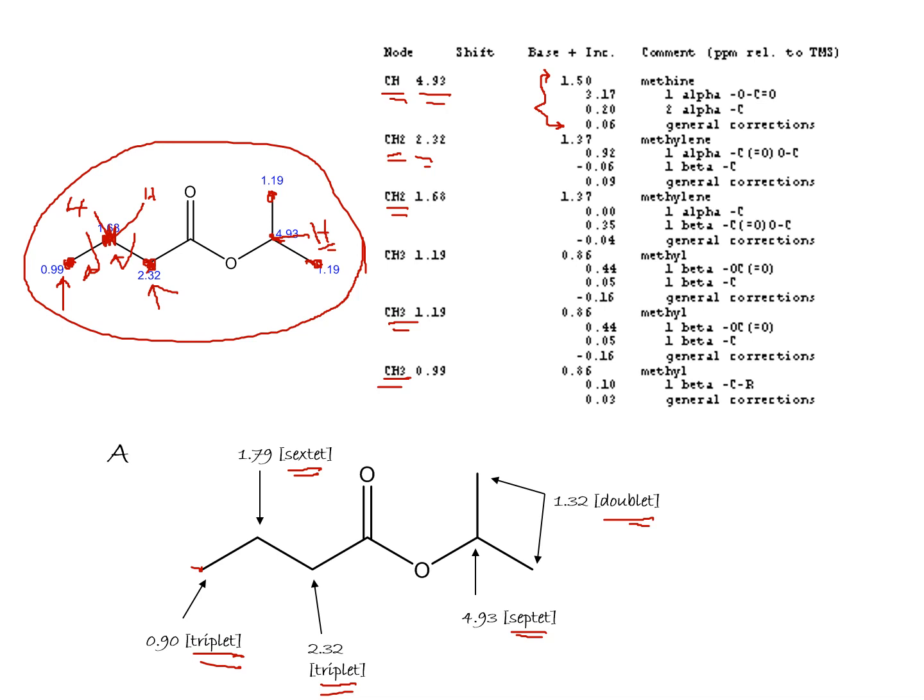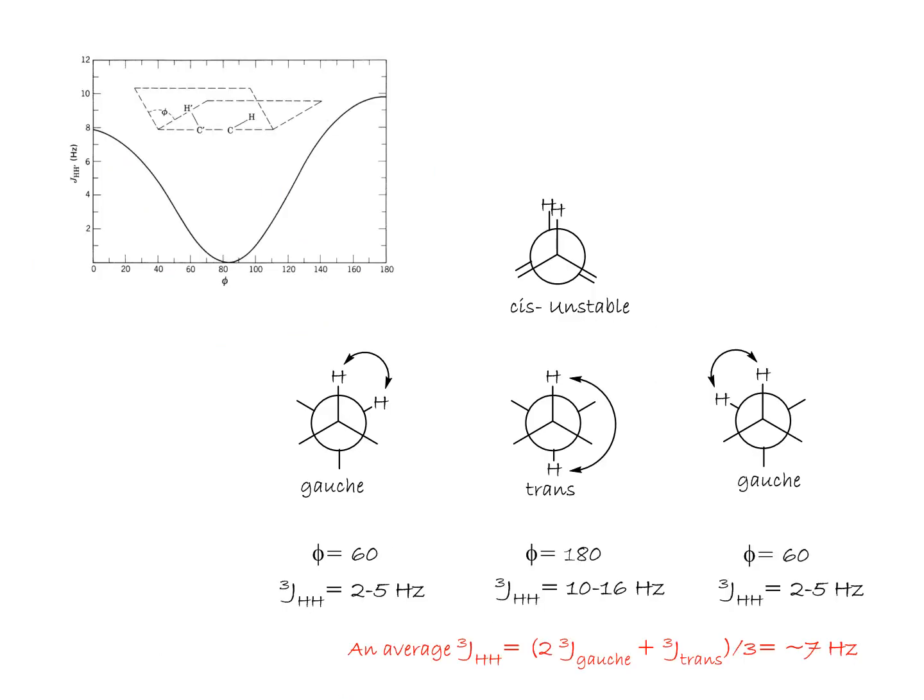As we mentioned before, we have free rotation. Recall from organic chemistry 1, the conformers and rotamers of alkanes. You will have this conformer where the angle between the hydrogens is 60, and we call this gauche, and the J value according to Karplus equation is from 2 to 5 Hertz.